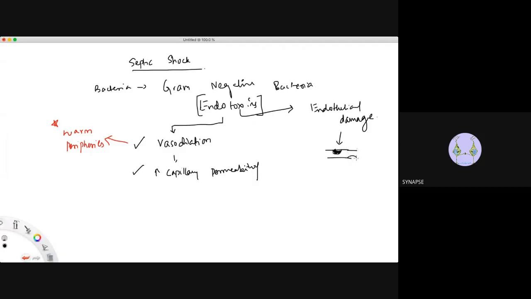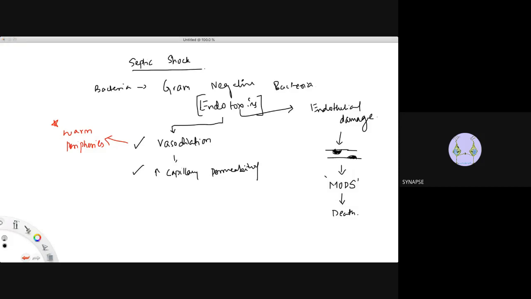The blood will no more flow in a laminar fashion, so it's going to cause thrombosis. Thrombosis in multiple organs will result in organ failure, called MODS, multi-organ dysfunction syndrome, which will ultimately lead to death. That is how the whole of septic shock functions.